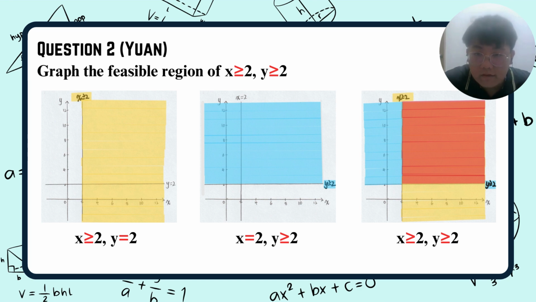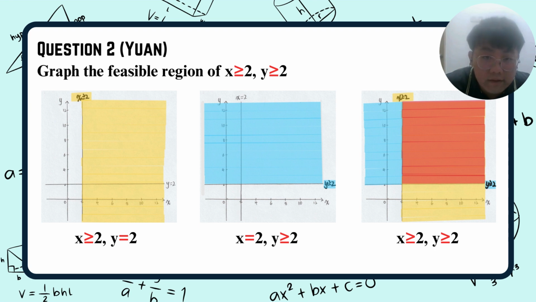For x greater than or equal to 2, the feasible region is highlighted in orange, and y equal to 2 is only the line. Same for the second picture, x equal to 2 and y greater than or equal to 2. The feasible region of y greater than or equal to 2 is highlighted in blue, and x equal to 2 is only the line.